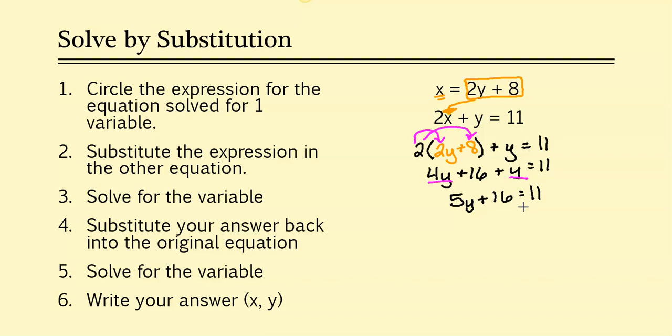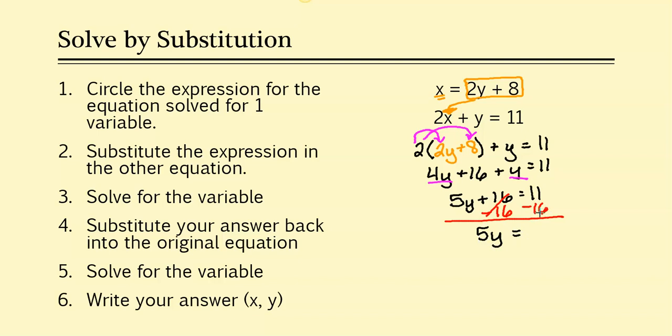Okay, now I have my two-step equation. This plus 16, that's the constant, but since it's added, the way I'm going to get rid of it is to subtract 16. And what I do on one side of the equal sign, I do on the other. So the positive 16 and the subtracted 16 go away, which leaves me with 5y on the left.